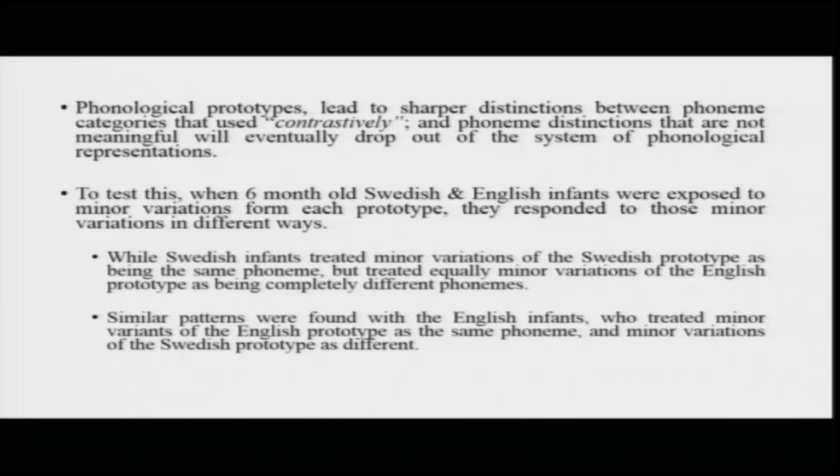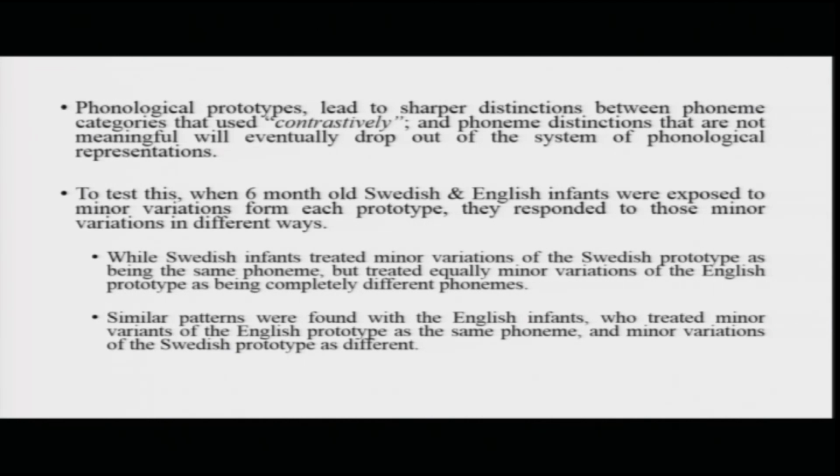Okay. And so, how can we test this? To test this, they tested 6-month-old English and Swedish infants. These infants were exposed to minor variations from each of the English and Swedish prototypes, and they were asked to respond to these, and it was found that they responded in different ways.